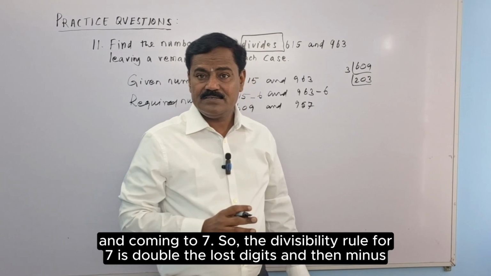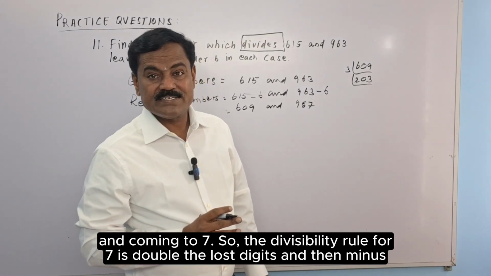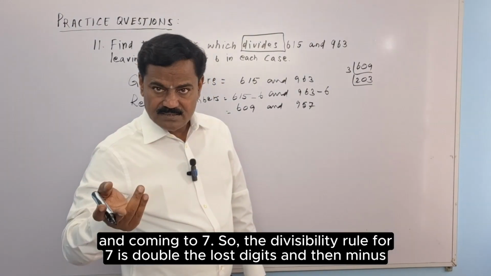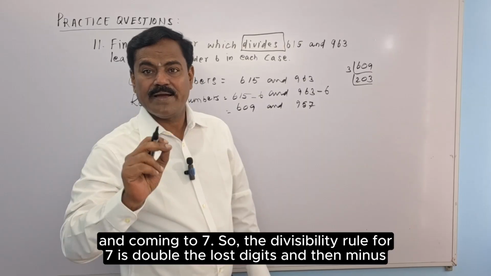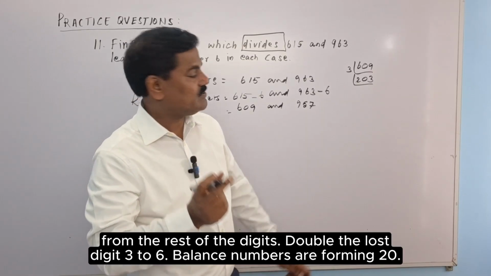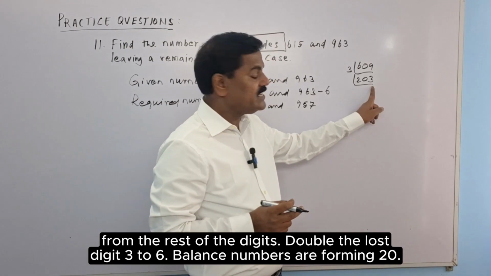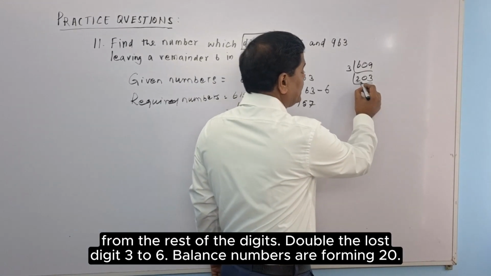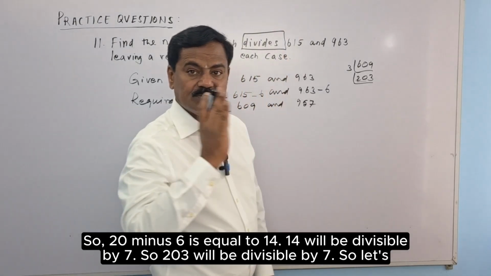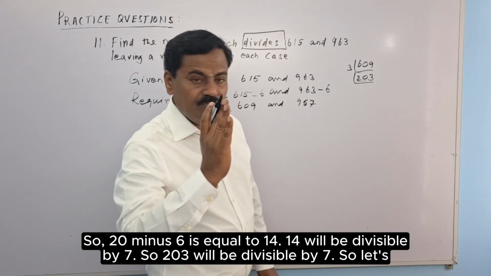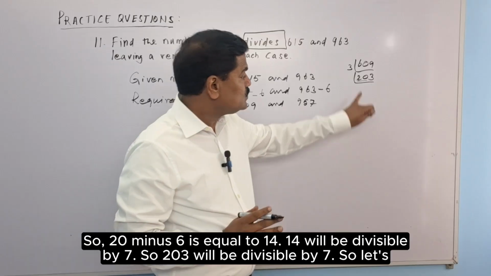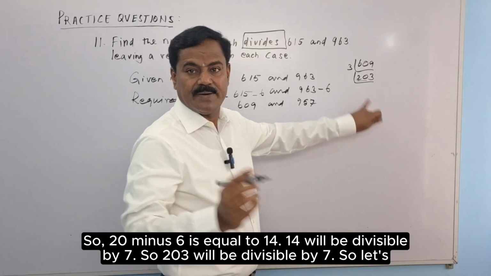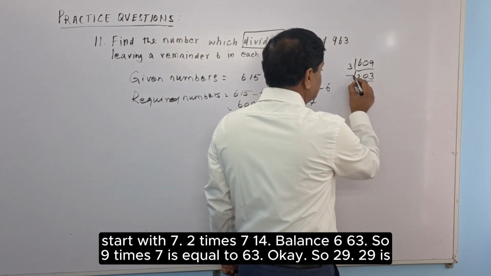Coming to 7, the divisibility rule for 7 is to double the last digit and then subtract it from the rest of the digits. Double the last digit, 3 to 6, the balance number forms 20. So 20 minus 6 is equal to 14. 14 is divisible by 7, so 203 will be divisible by 7. So let's start with 7.